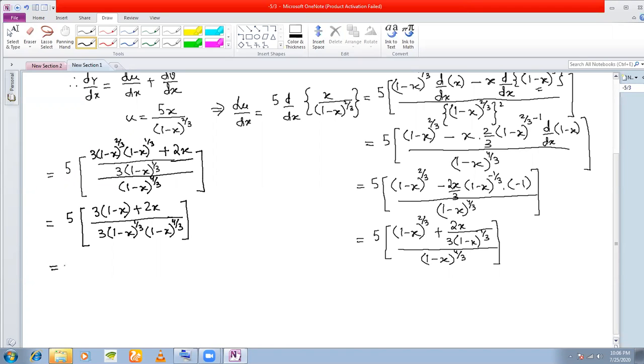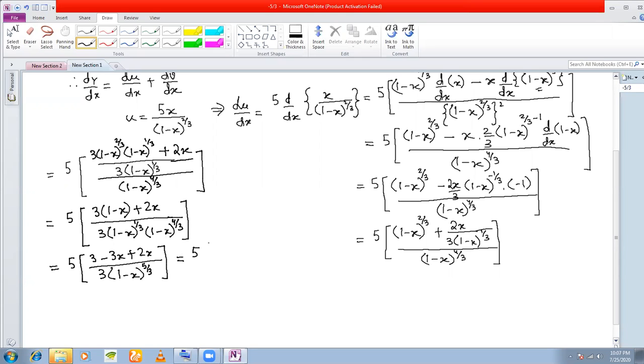So this becomes 5 times (3 minus 3x plus 2x). And here in the denominator, the powers get added, right? To get 3 into (1 minus x) to the power of 5 by 3. So this becomes what?